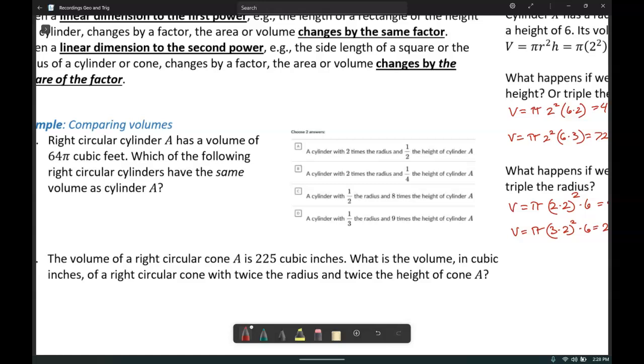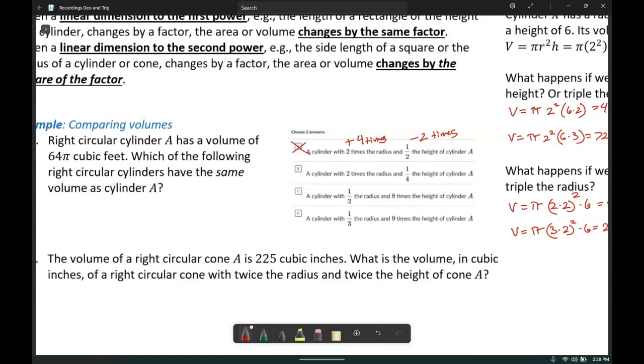If we take a cylinder with 2 times the radius, we are increasing the volume by 4 times because the radius is squared. While the height of the cylinder is half, so we're only decreasing it by 2 times. Well, that still ends up with 2 times a greater volume.